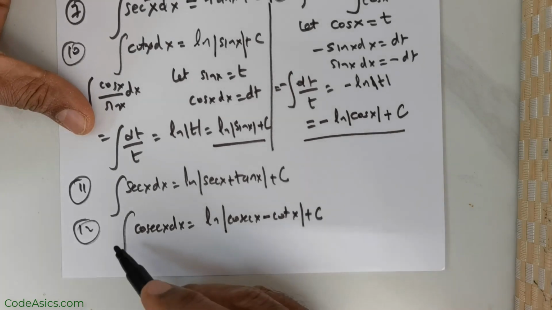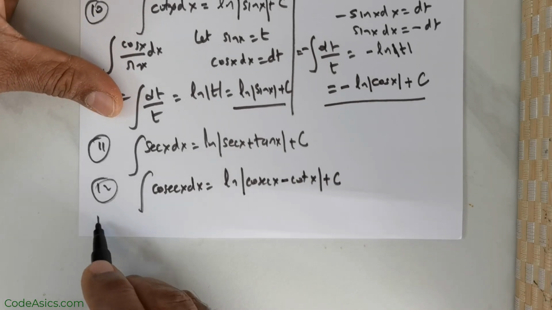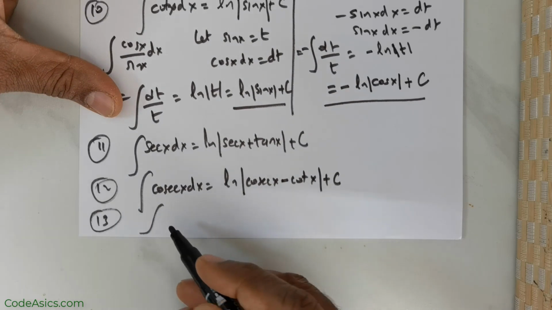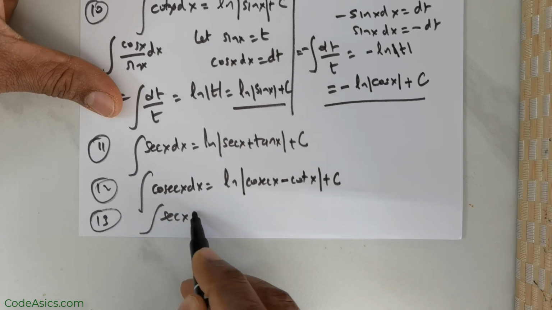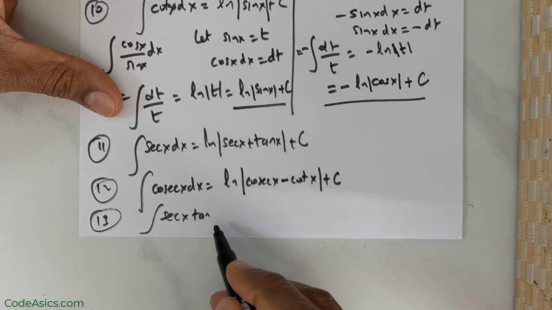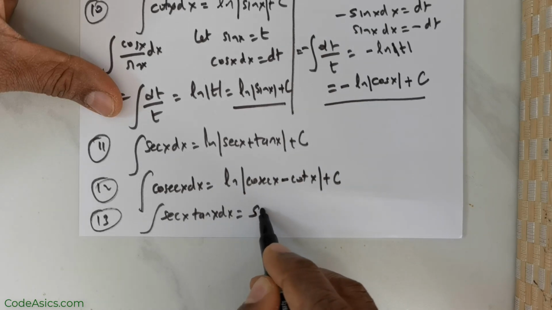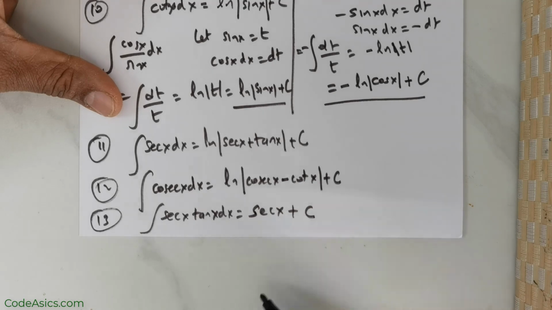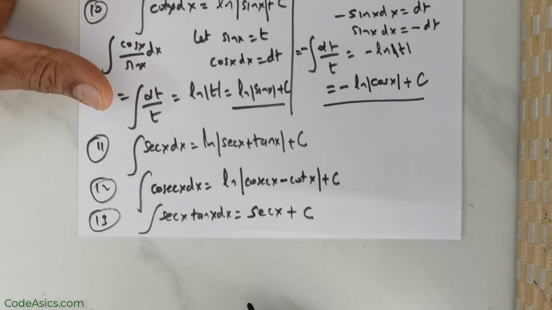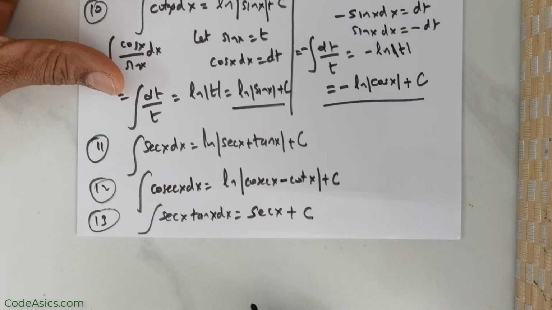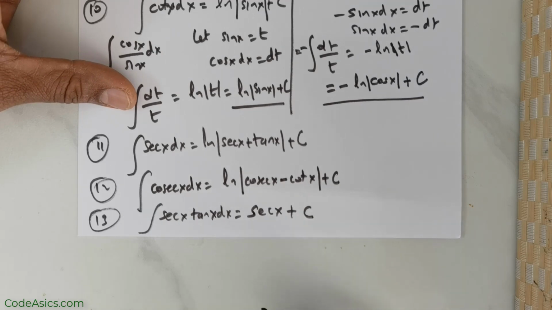Now having given you 11 and 12, let me also squeeze in 13. Integral of secant x tan x dx is equal to secant x plus arbitrary constant c. So that is also a very important formula.